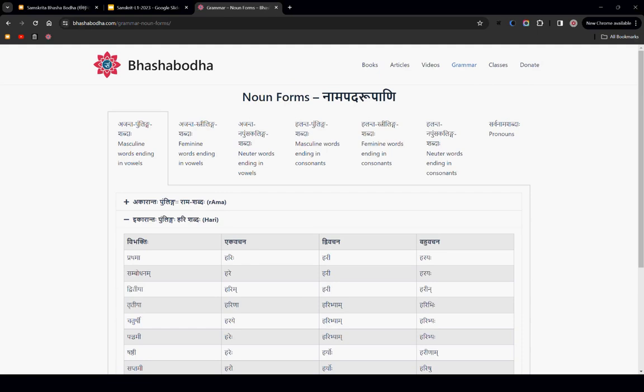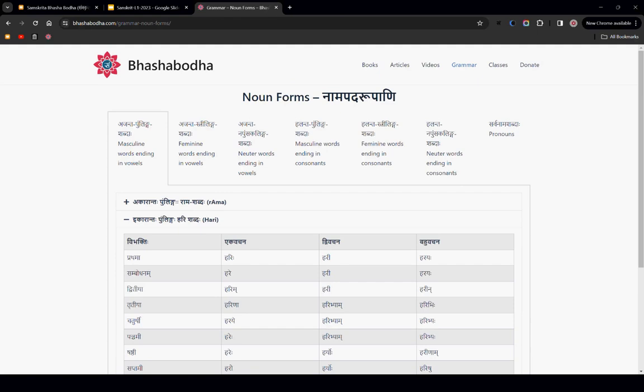What is Hari? Hari means Vishnu, name of a person. It also has many other meanings, like Kapi, that is monkey. Hari also means lion, Indra, and so on.